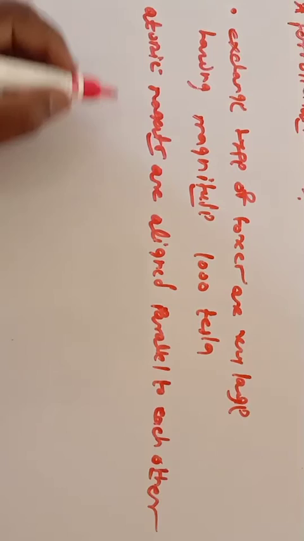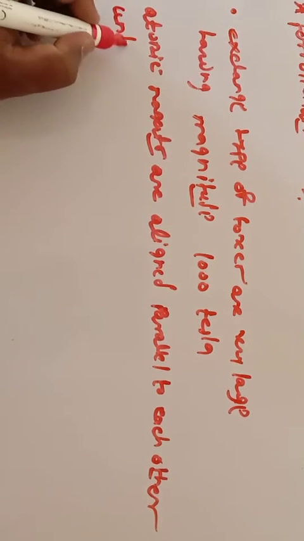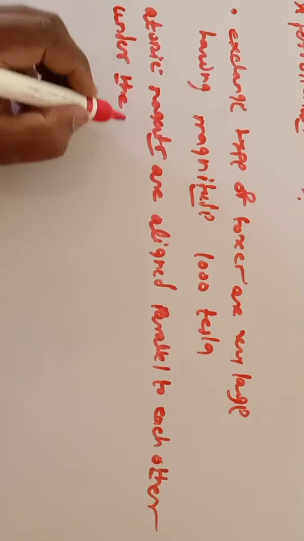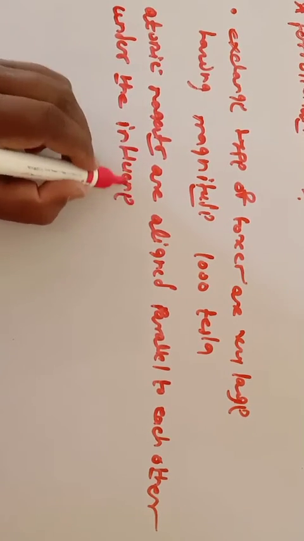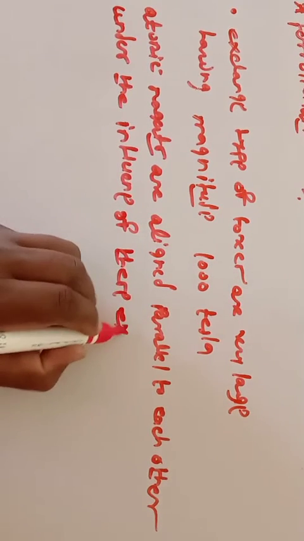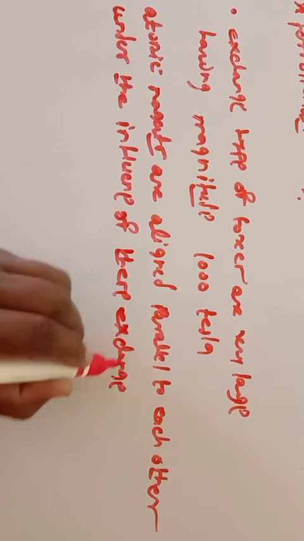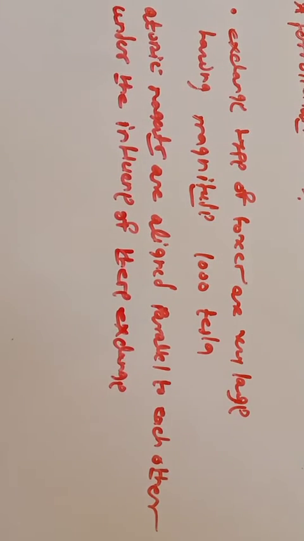So there is a strong interaction force between the atoms, this is due to the exchange of electrons, and the atomic magnets are aligned parallel to each other under the influence of these exchange forces.